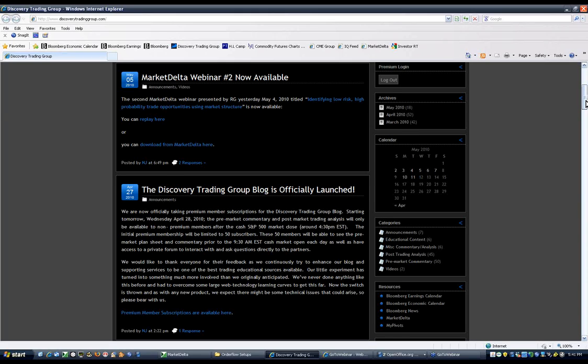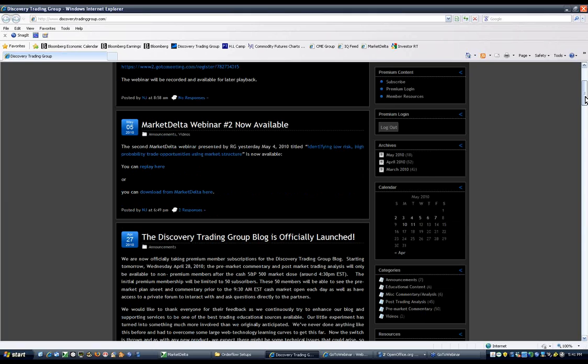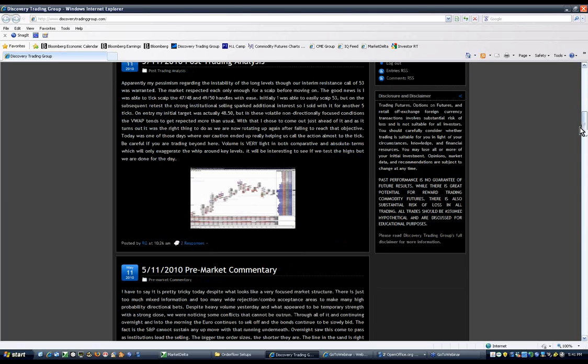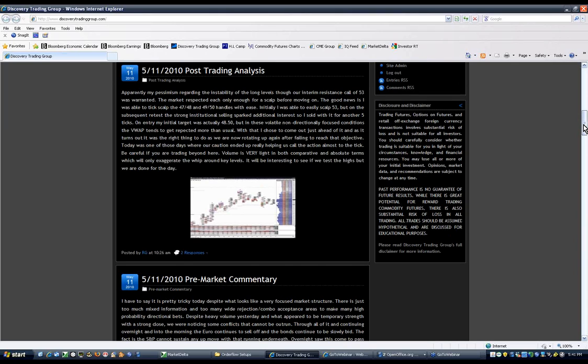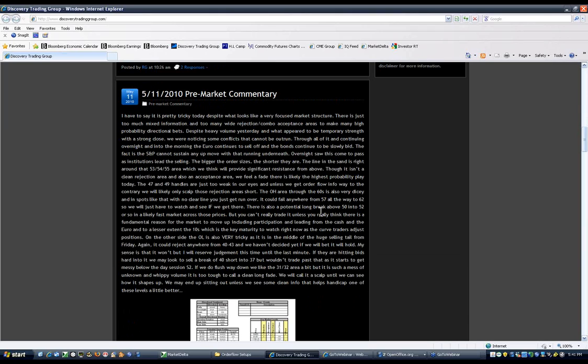But mostly the benefit is these two sections: a pre-market commentary and a post-trading analysis. In the pre-market commentary, we write down everything that we think are the important things to notice about the levels we've developed in the pre-market sheet, which is here.